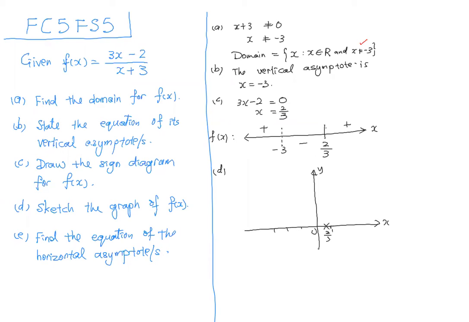Yes, then what should I put? Put the asymptote. What asymptote? -3. Vertical asymptote. Okay, -3. So should I put it as full line or dotted line? Dotted line. Right?